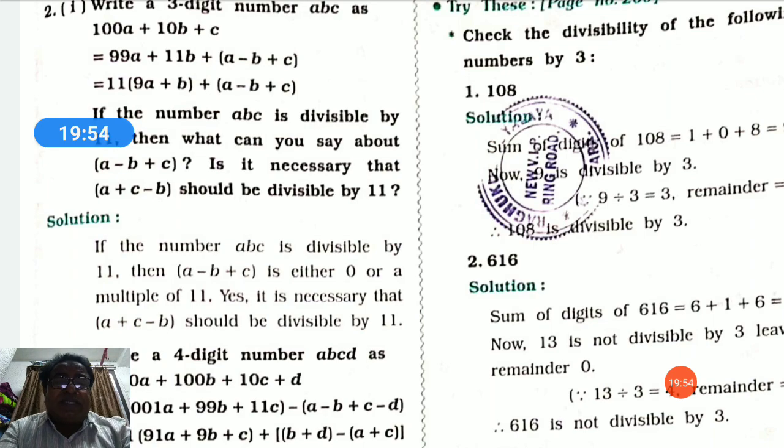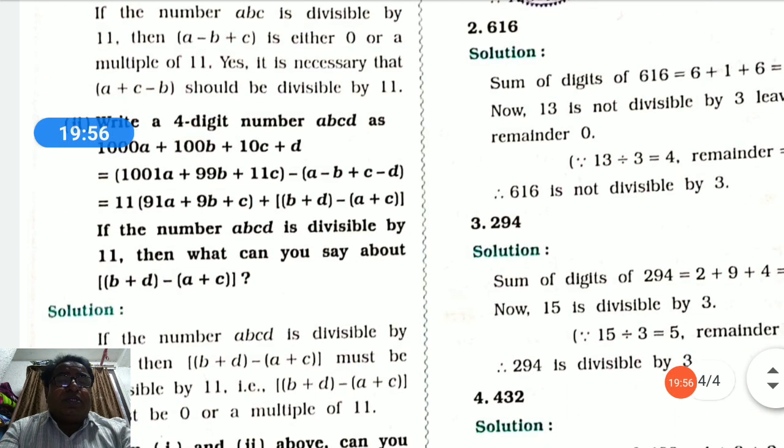Now 616. Sum of digits of 616 is equal to 6 plus 1 plus 6 is equal to 13. And 13 is not divisible by 3, because 13 divided by 3 is equal to 4 and remainder is 1.